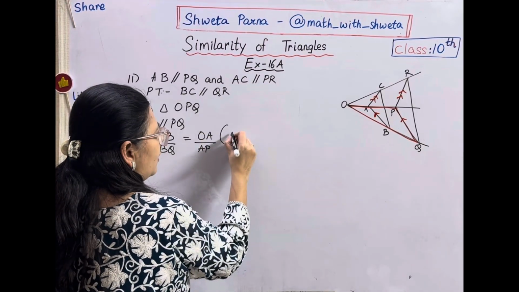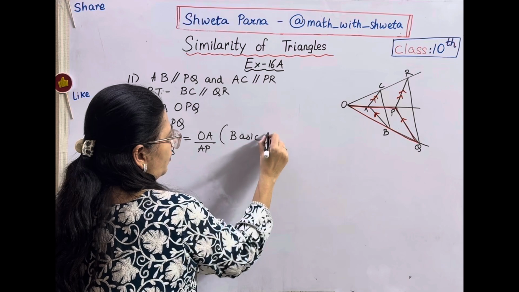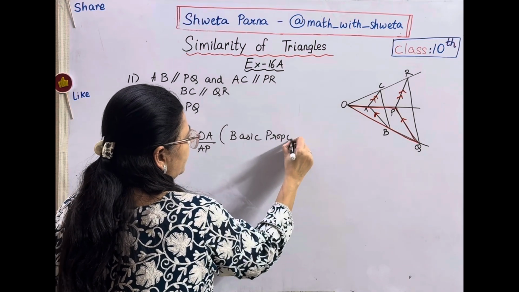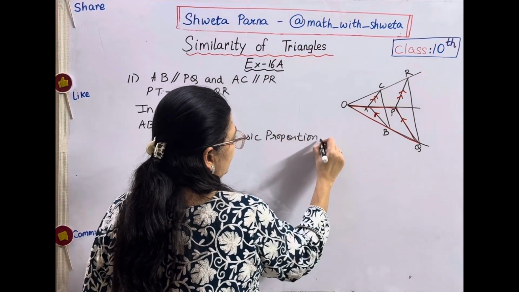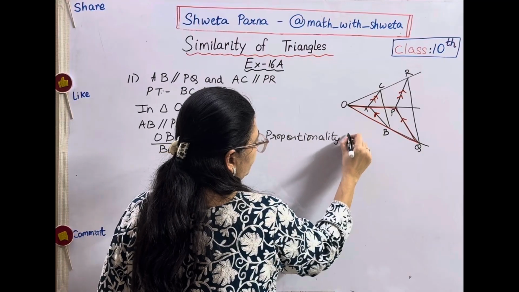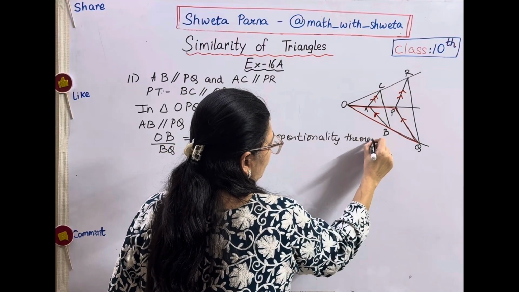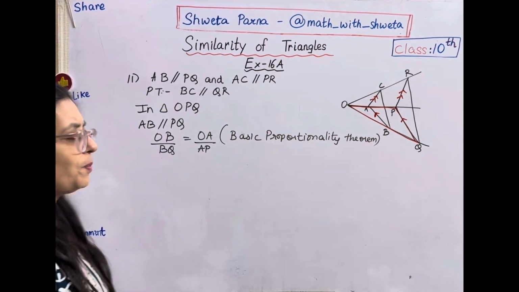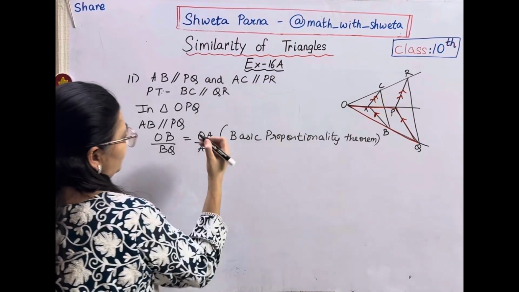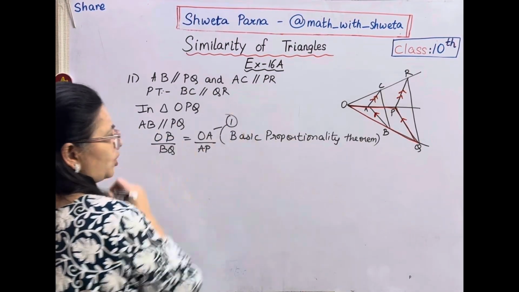What is the reason? Basic proportionality theorem. Okay, this part is clear. This becomes your equation 1.